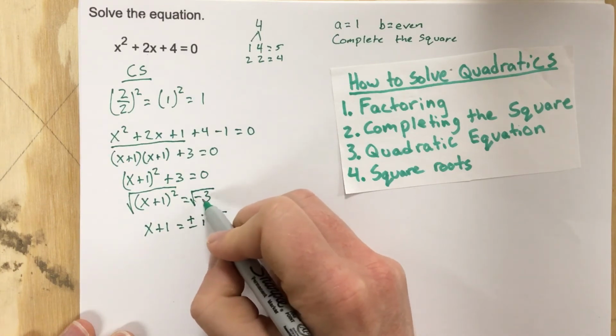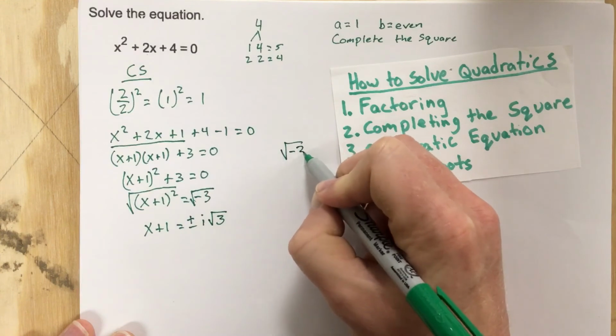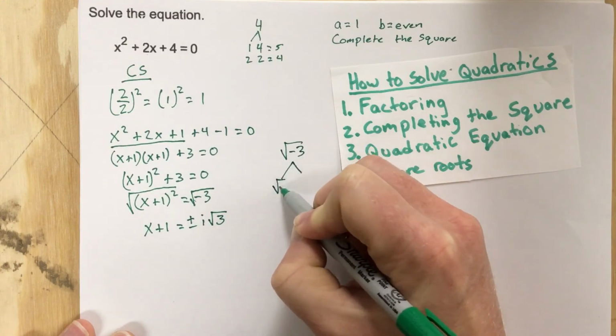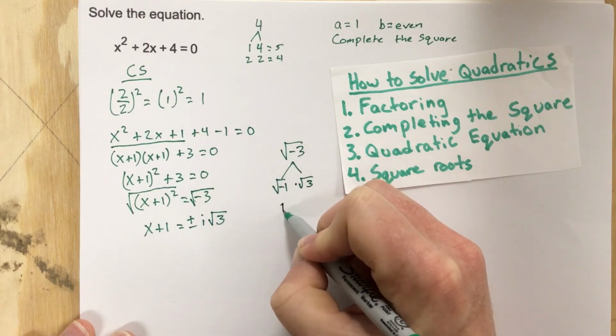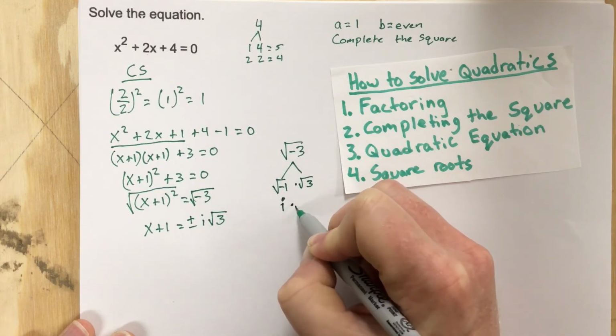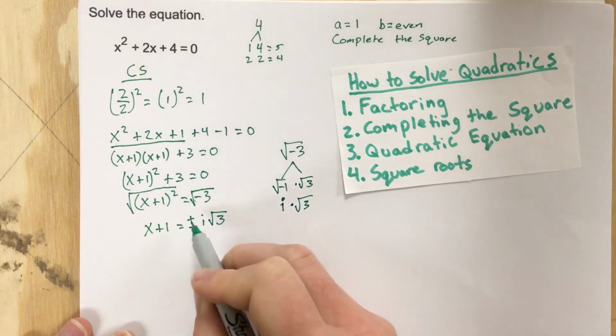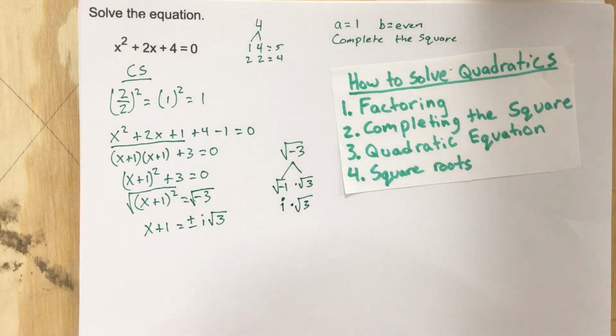Because radical negative 3 is really radical negative 1 times radical 3, and we know radical negative 1 is i, so we end up with i root 3 there. And we have to say the plus and minus because anytime you take the radical of something, there's a positive or negative way to get the original number.